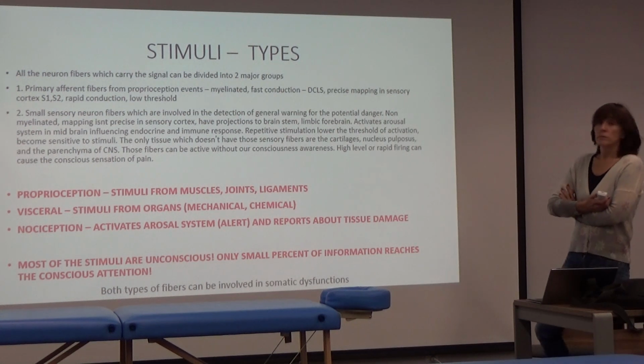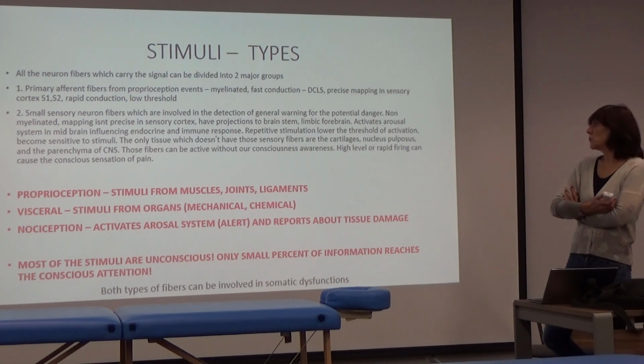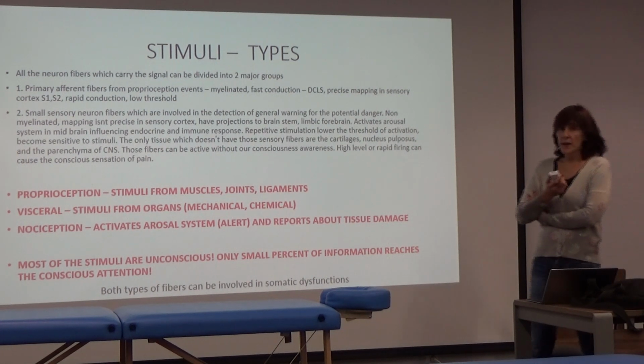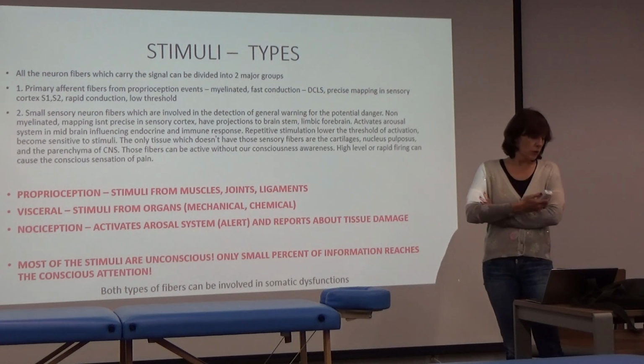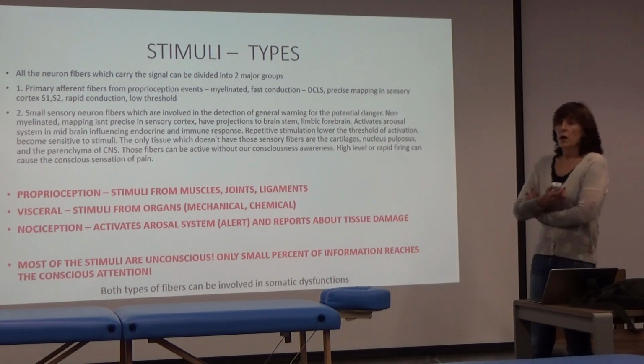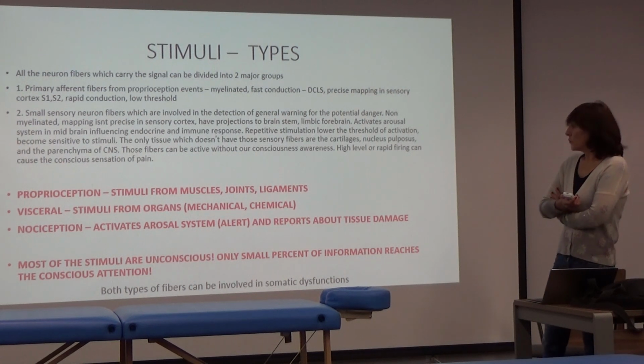We have proprioception. It's stimulus from muscles and joints and ligaments. And all this information from our joints, muscles and ligaments goes to the nervous system, letting the brain calculate our position in space, make sure that we don't fall down, make sure that we can properly do the movements.